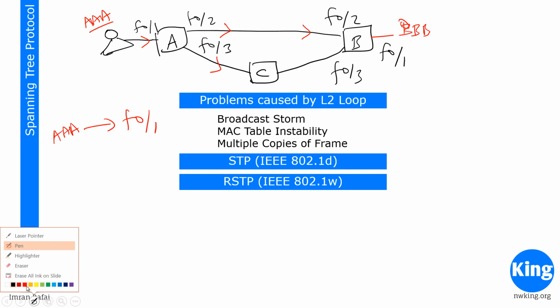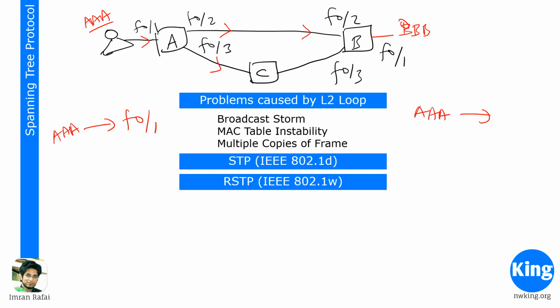So when switch B receives this broadcast, it says I see that you're coming from a source MAC address of AAA. So switch B also says, okay, I can see AAA is reachable through my F0/2 interface. Fine. And let's say it already knows that BBB is connected to its F0/1, so it sends that message to BBB.